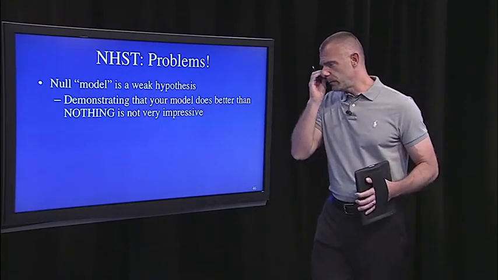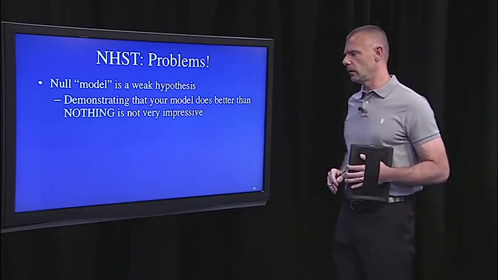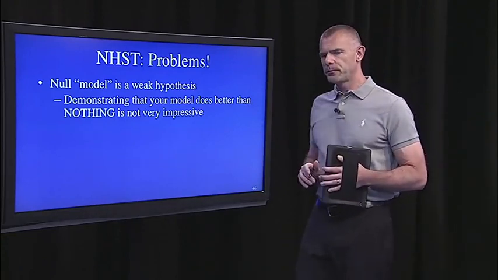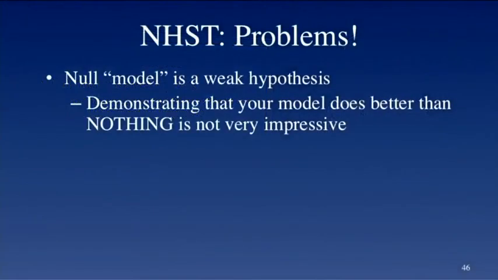The third problem, and just the third problem I'm mentioning here, there are other problems as well, is that this null hypothesis is not a very competitive hypothesis, so to speak, right? You're comparing your research hypothesis to nothing happening.